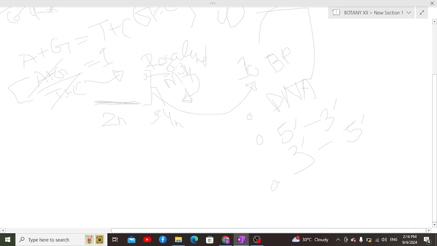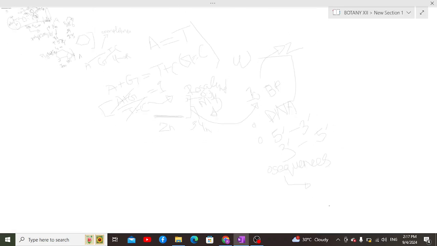It said that the nucleotide sequence and the number of nucleotides vary from species to species, and even from organism to organism. The sequence of DNA nucleotides varies from organism to organism, and that is what makes each organism unique from the other. So this is what was proposed in the Watson-Crick model of DNA, which was also given a Nobel Prize later on.